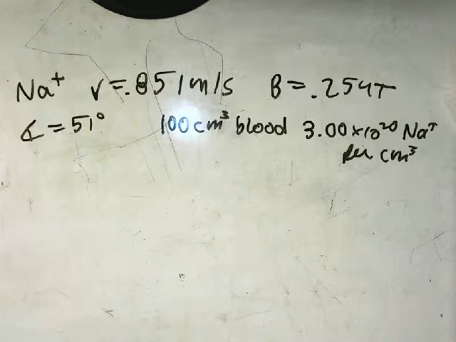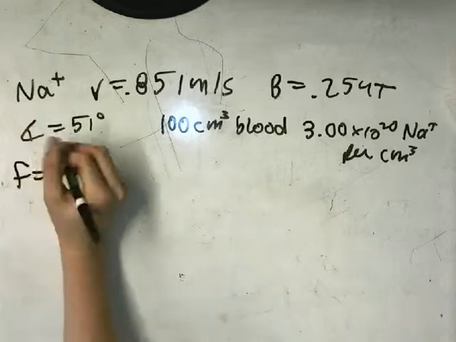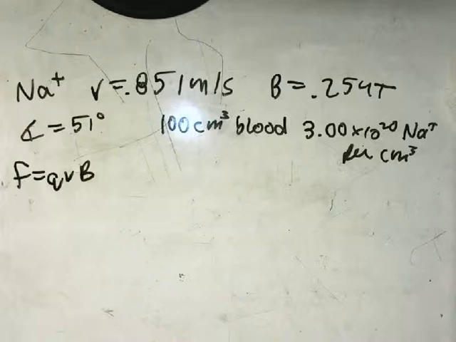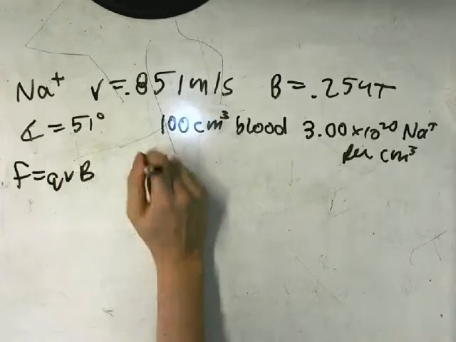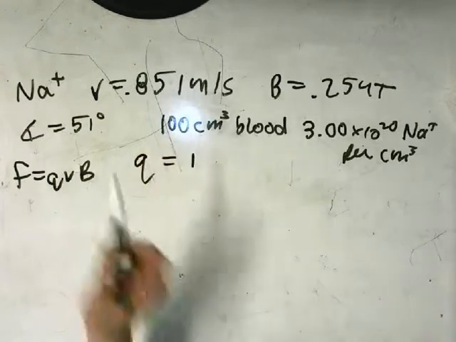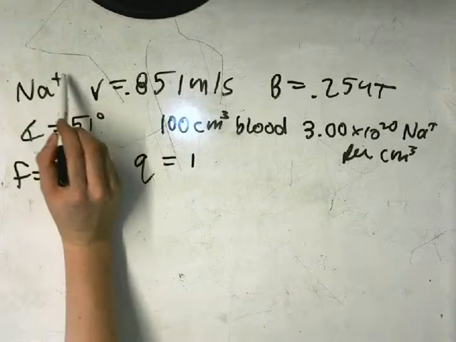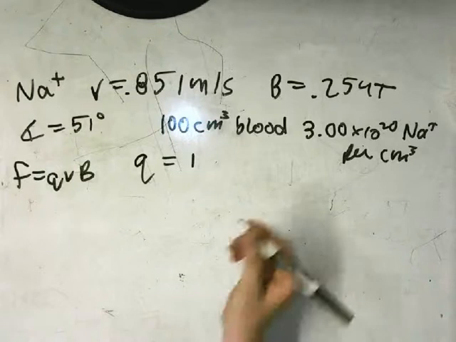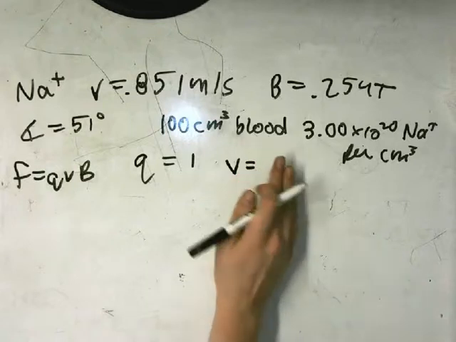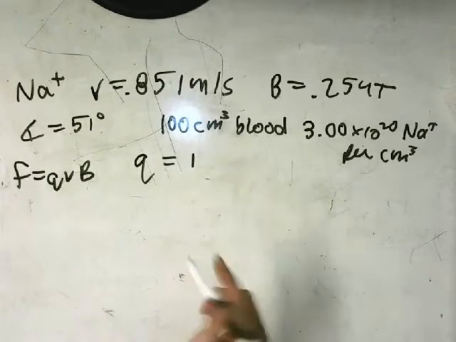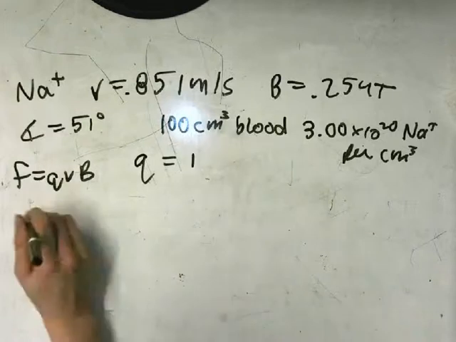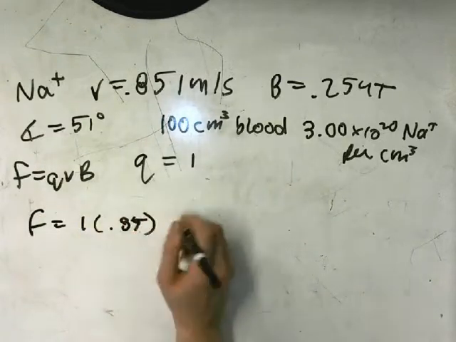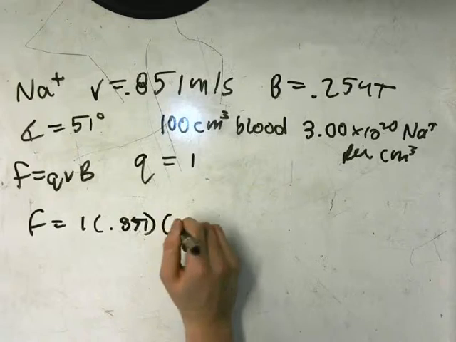So again, we're going to be using the equation F equals QVB. We know that Q is just equal to 1, since the charge of the sodium ion is positive 1. We know the velocity, we know B, and so we just get that F equals 1 times 0.851 times 0.254.